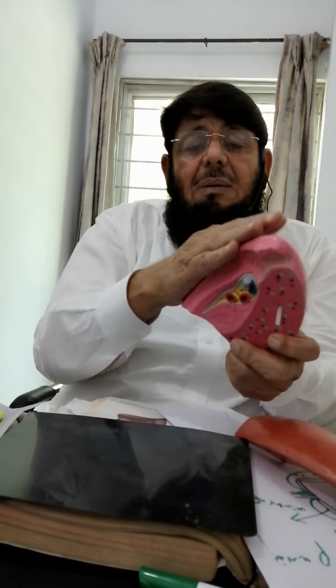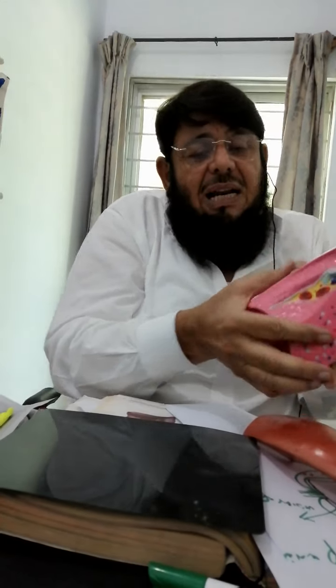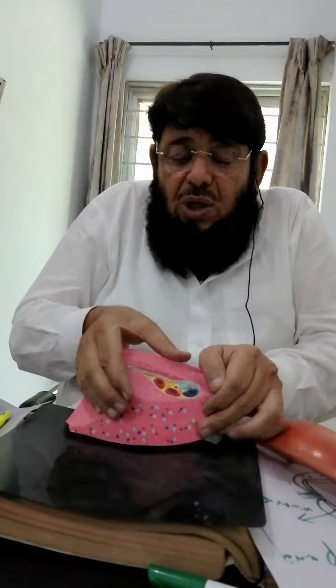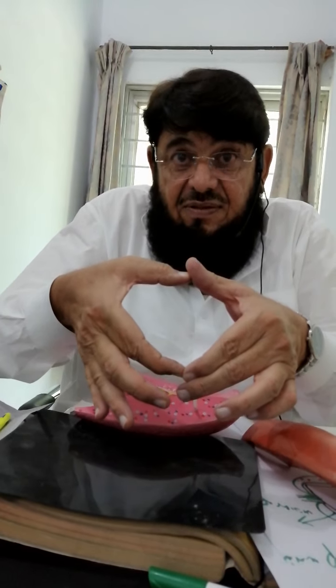when the parietal pleura comes like that up to here, and from all around reaches the root, from this root area it is reflected in the form of a cuff.